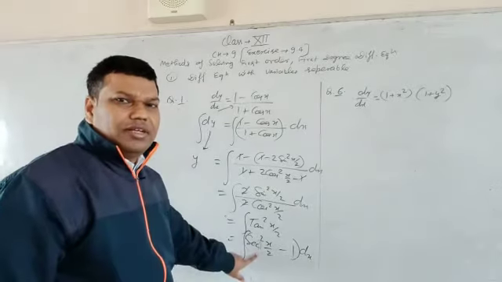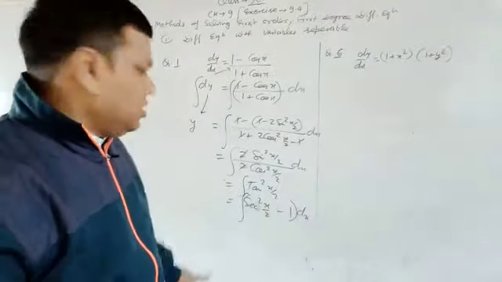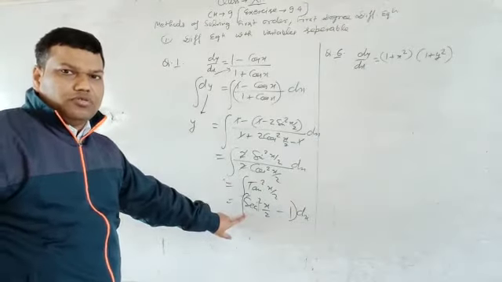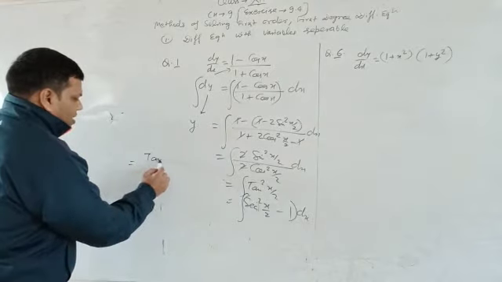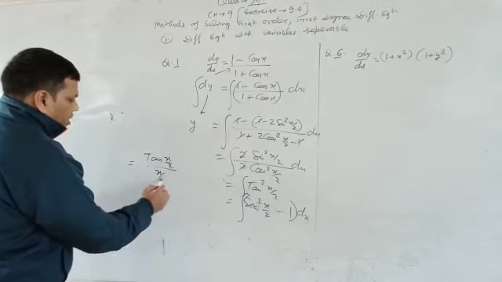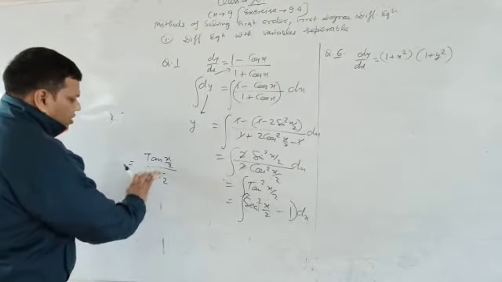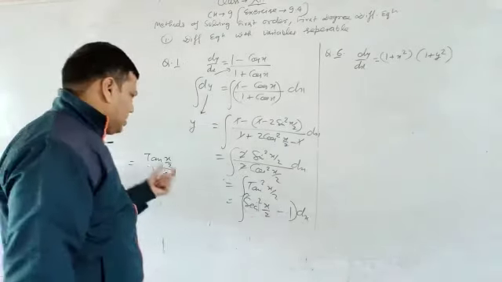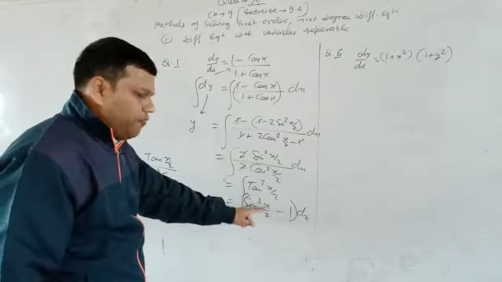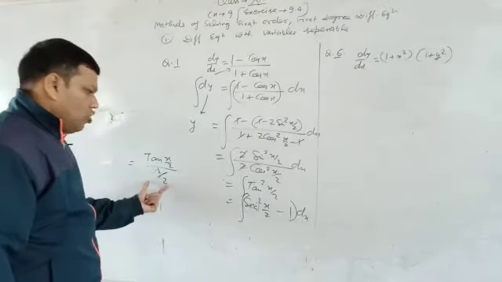What is the integration of sec square x by 2? It will be tan x by 2 upon 1 by 2. It is the formula for that: the integral of sec square theta is tan theta, and the coefficient of x goes in the denominator.